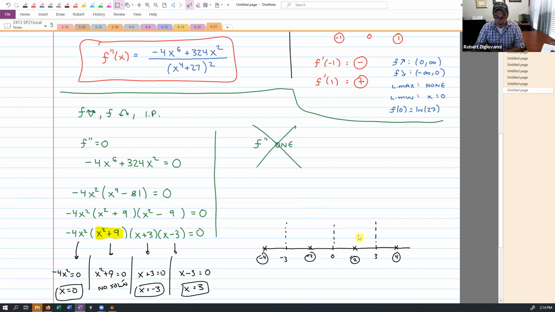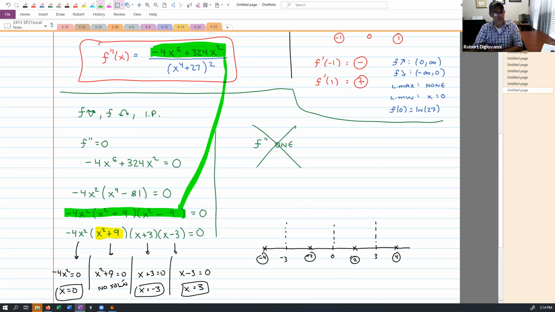So you got to plug these in to here. Now, we can go and make this a little shorter if we want. We can realize that the numerator, we actually factored that to that, didn't we? Yes.